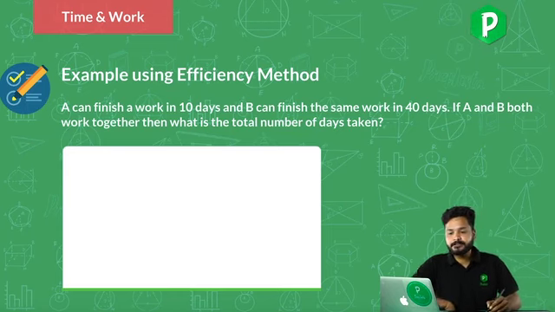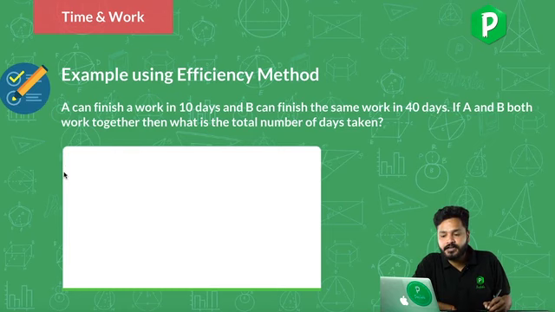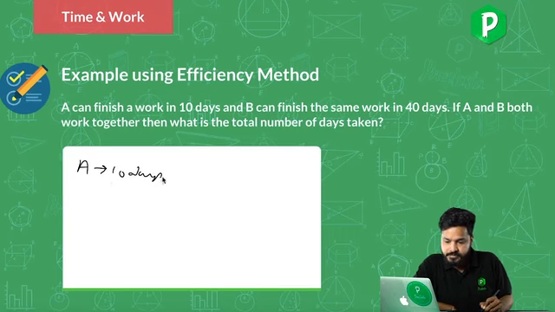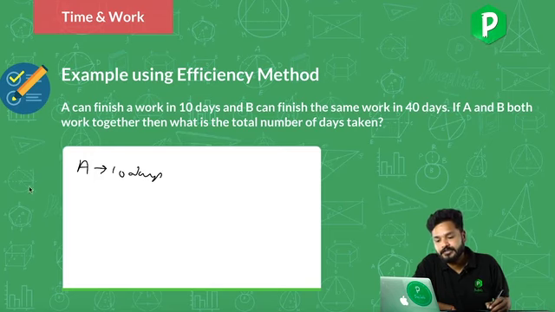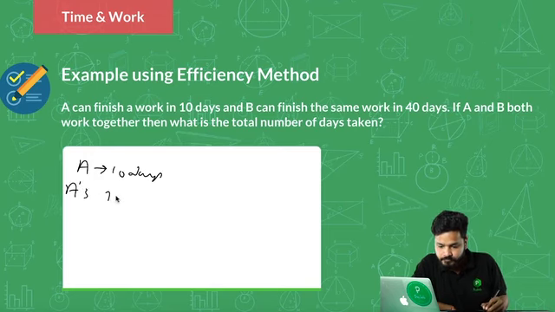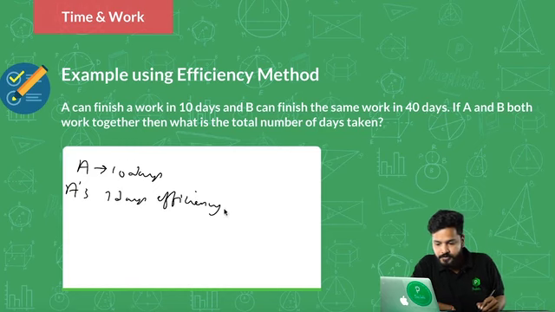So here's the same question. A can finish a work in 10 days. What I need to find is A's 1 day's efficiency. Here I'm taking the total work as 100 to find the efficiency, as we are finding the percentage.